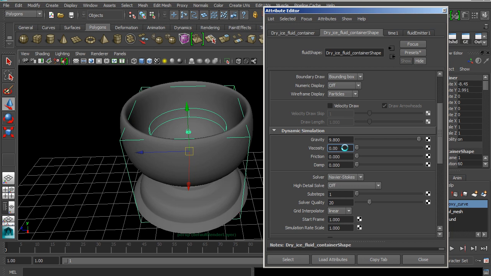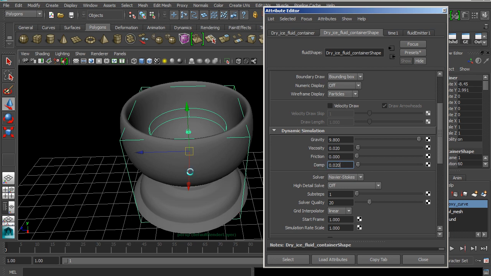So what I'm going to do here is maybe go for 20, and maybe I can go for 0.015 also, but I guess 0.020 is a good start. Okay, we're not going to use the friction over here. The damp is very important to give rest to the fast moving fluids, as well as to have more sustainability of the reaction, or to make the fluids a little bit more calm.